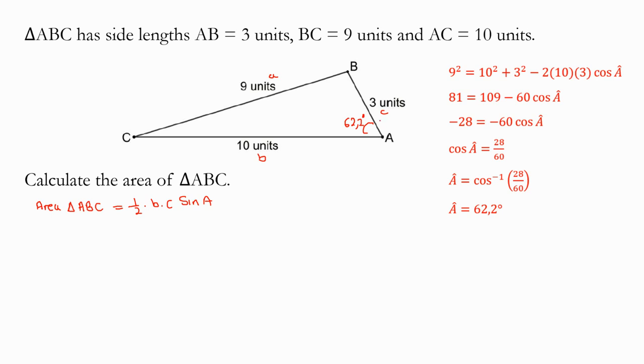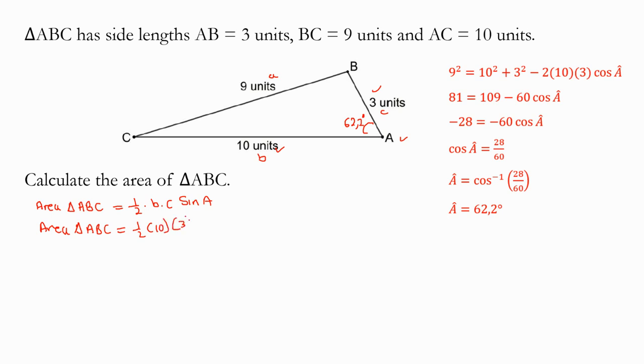Okay. Right. So we're given this side and the angle. So that's why we have half BC sine A. Okay, right. So let's substitute what we have here. So area of triangle ABC is equal to half. Then B is 10 units.